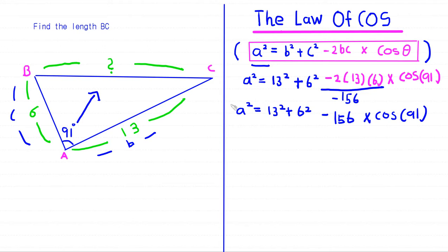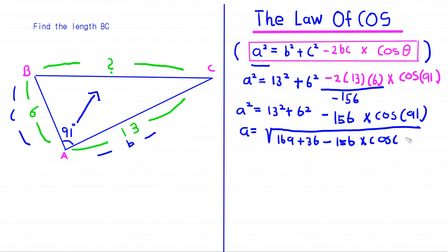And we can take the square root of it in order to remove the square and find A, and we're going to be left with A is equal to the square root of 13 squared, which, if you just find 13 times 13, is going to be equal to 169, plus 36 minus 156 times cosine of 91.